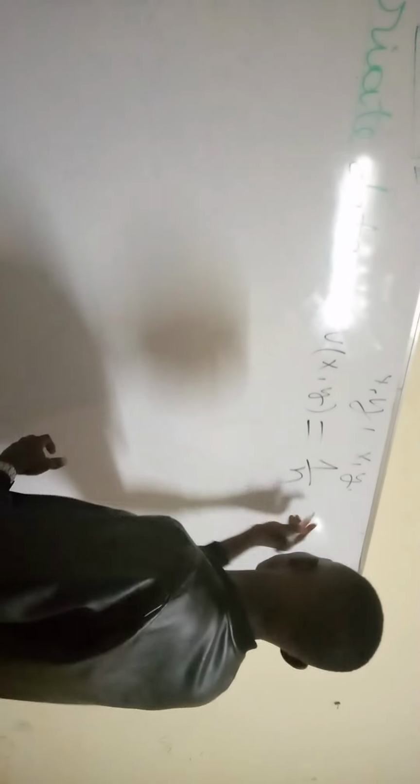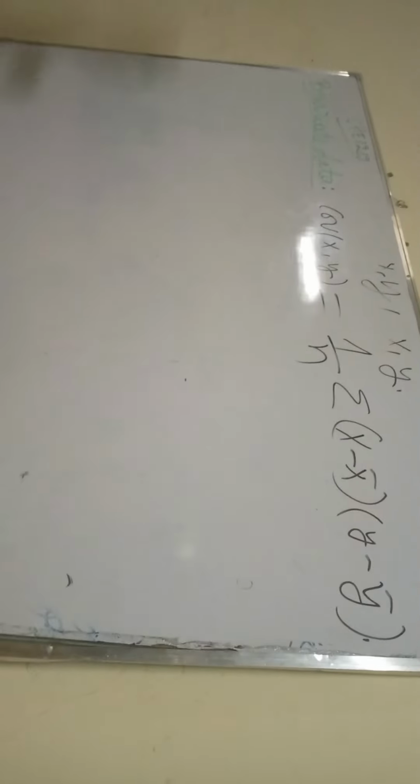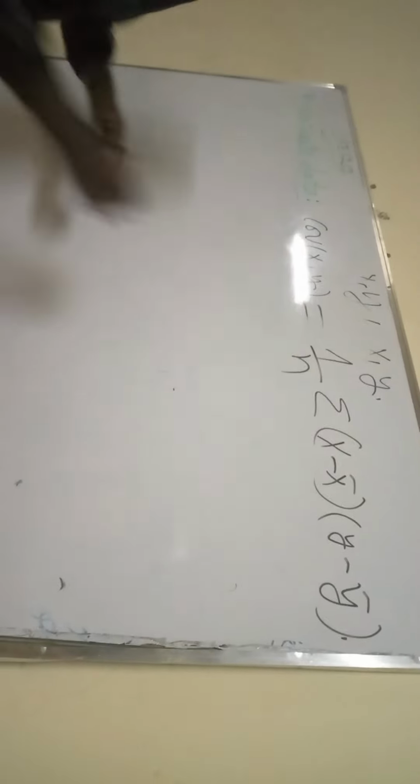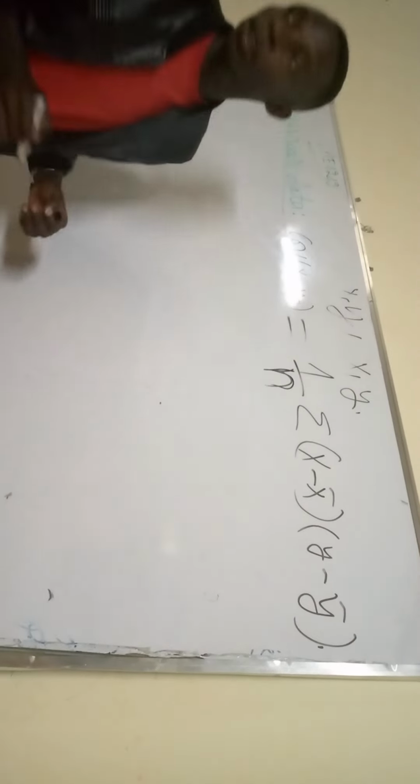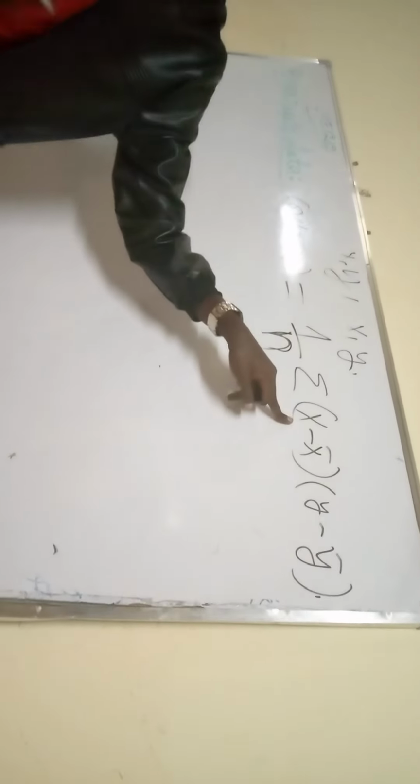In that case, you can measure that change by using this formula, where covariance equals 1 over n, summation of x minus x mean times y minus y mean, where n is the number of data and x is the variable.